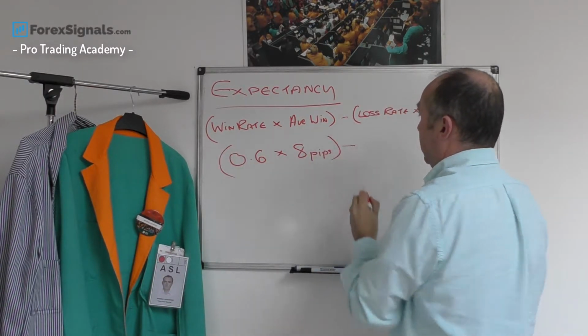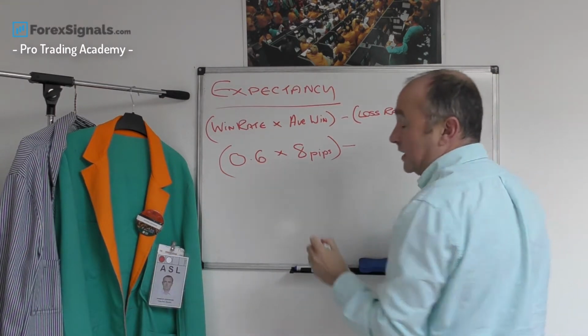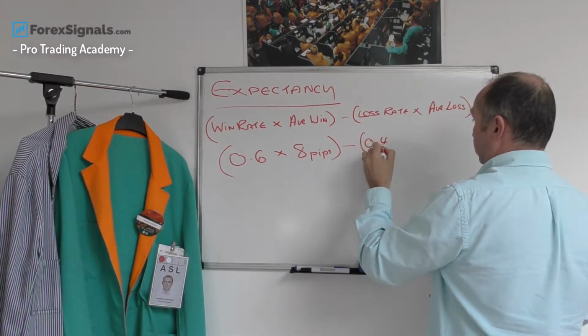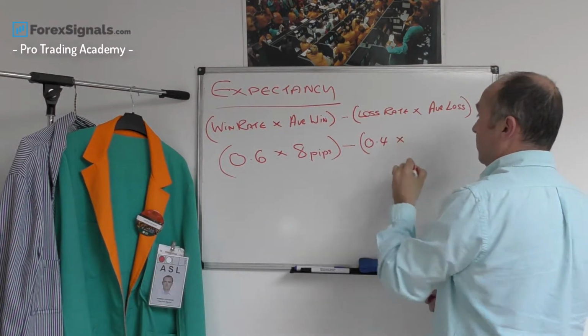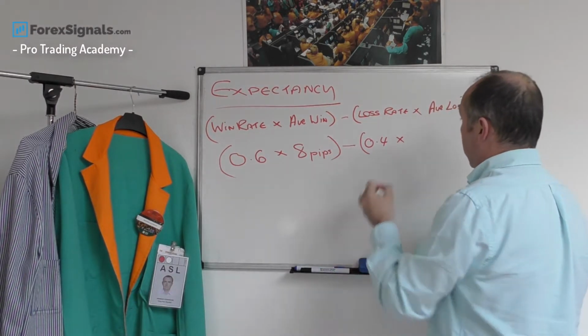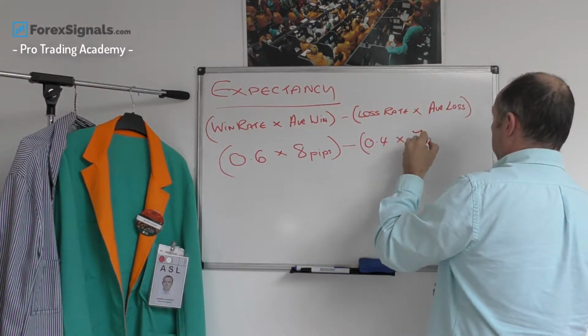And we subtract from there the loss rate. Now, if the win rate is 0.6, the loss rate has to be 0.4. And let's assume that the backtesting showed that the average losses were, say, 7 pips.